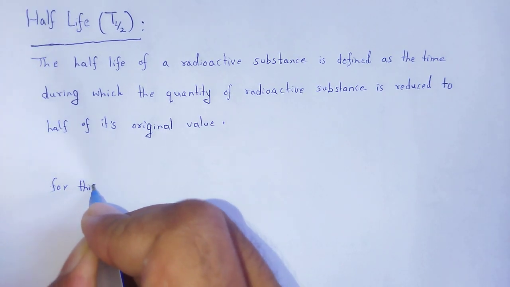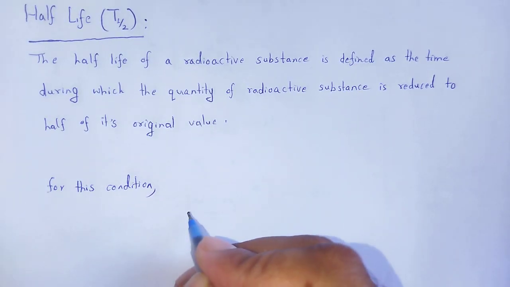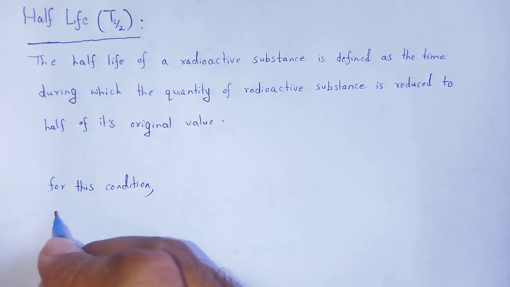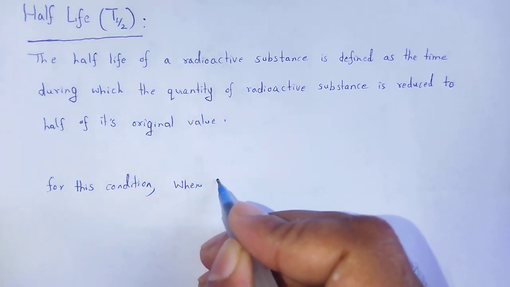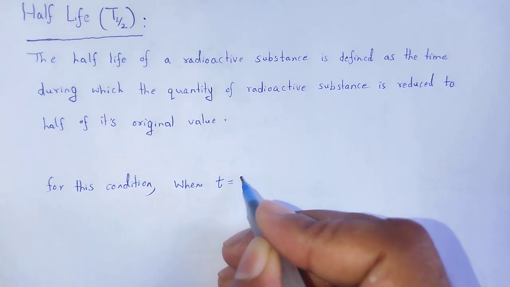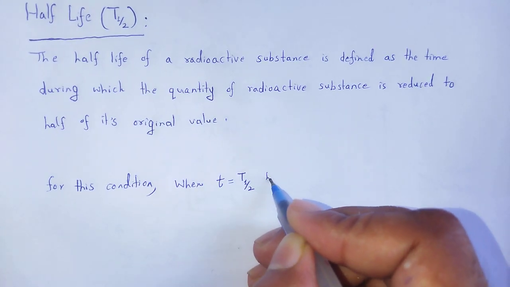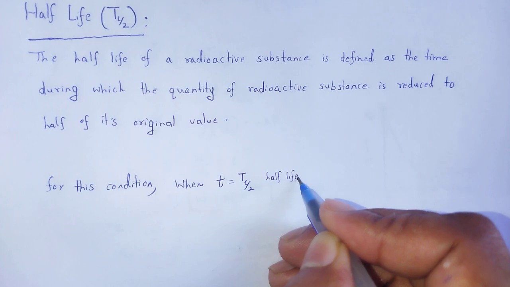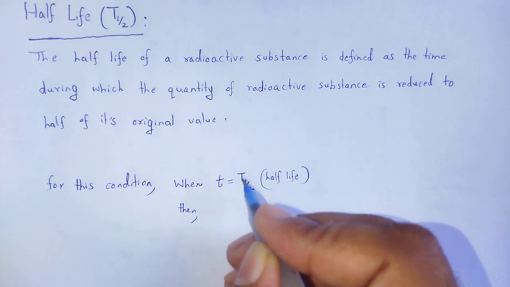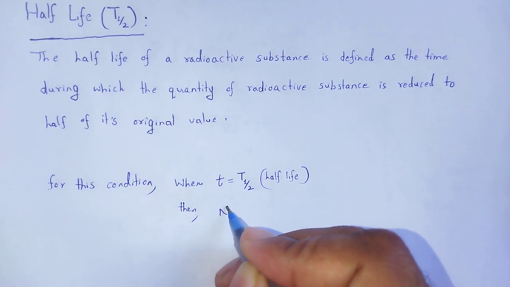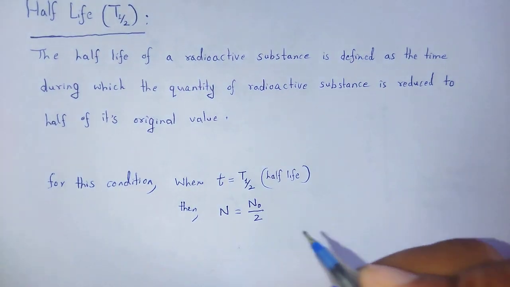For this condition, when t is taken as t half, that is half life, then the sample N reduces to half, that is N naught divided by 2.